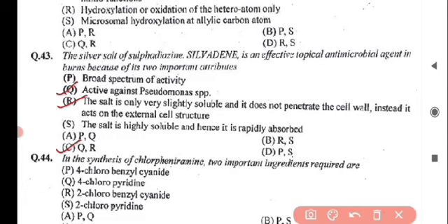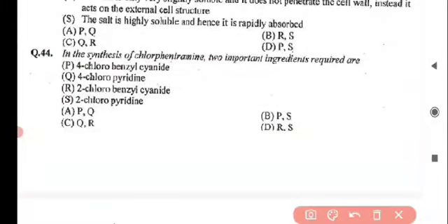Instead, it acts on the external cell structure. Now the next question is, in the synthesis of chlorpheniramine, two important ingredients required are, and these important ingredients are P and Q, that is 4-chlorobenzyl cyanide and 2-chloropyridine.